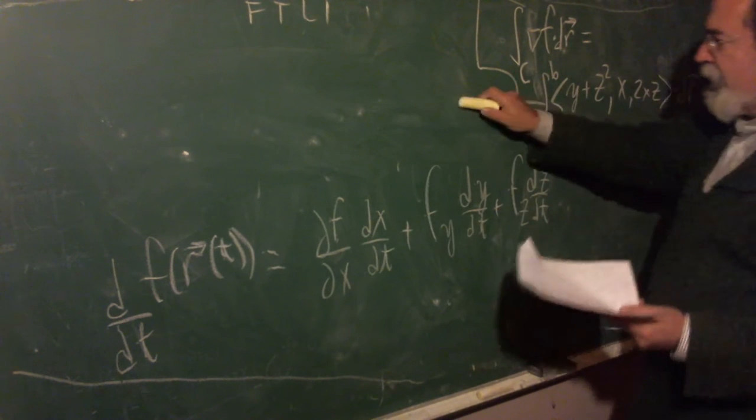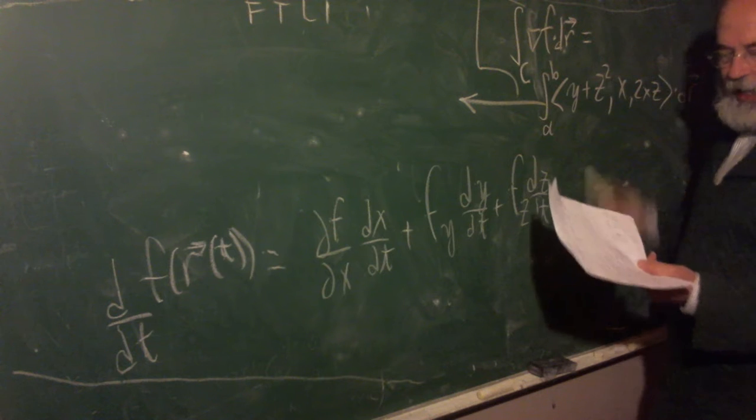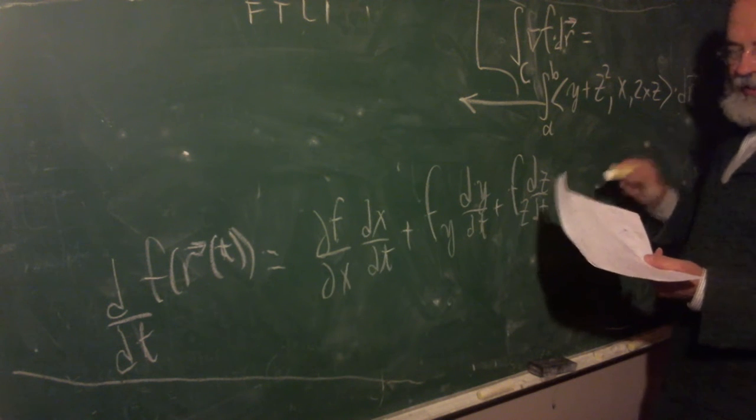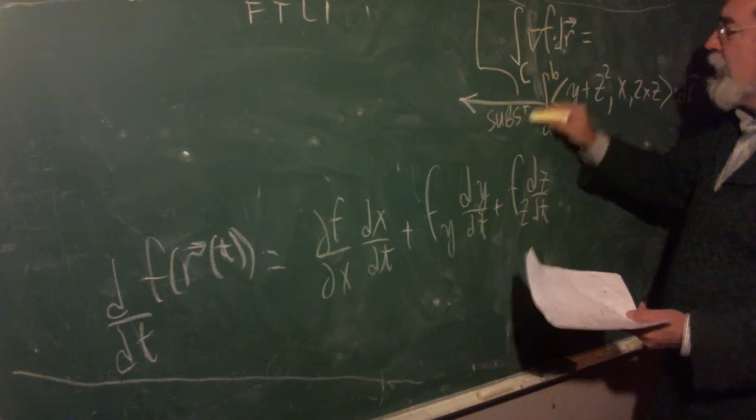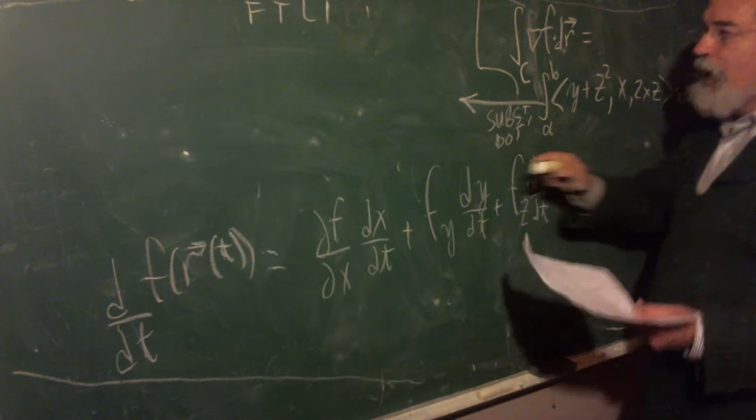So I'm going to go back this way now. If I have this thing and I do all the dot stuff and the substitution, so this is substitution and the dot, I get the following.